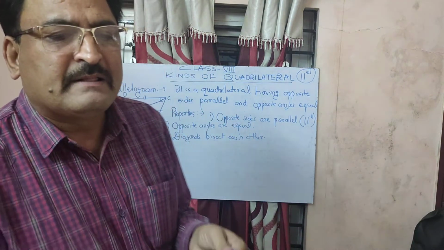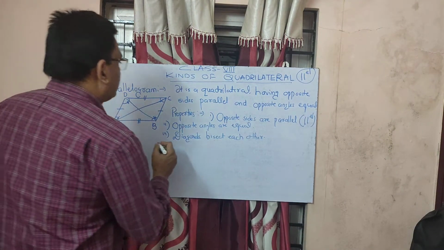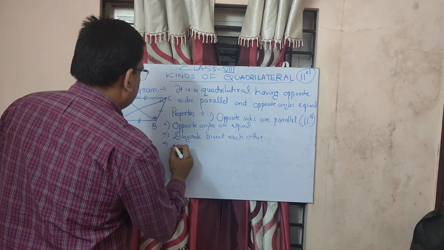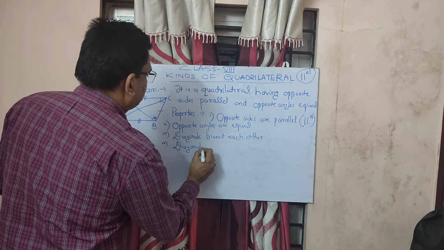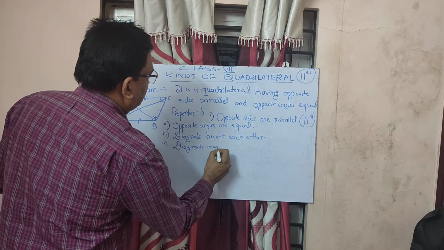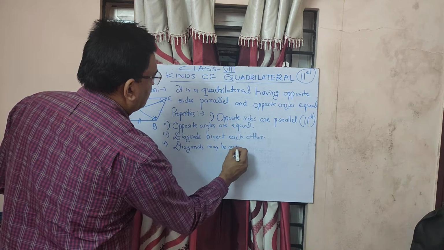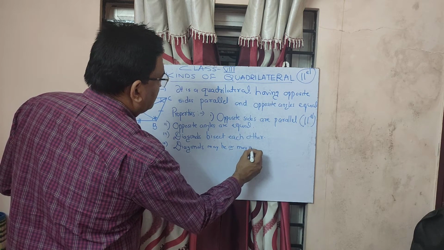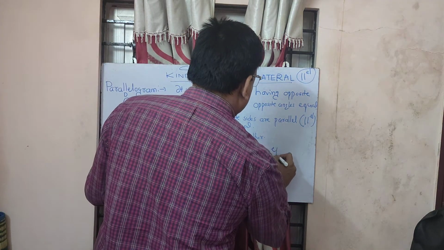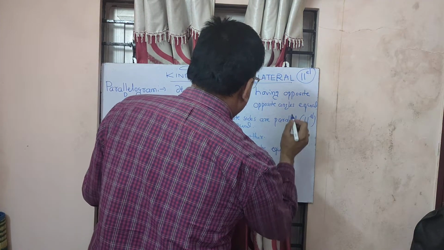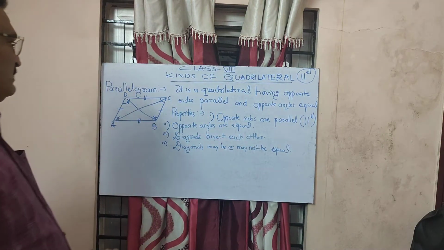Okay. And the next property, the fourth property: diagonals may be or may not be equal.